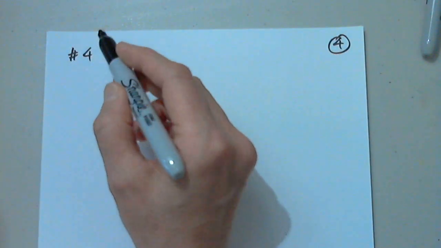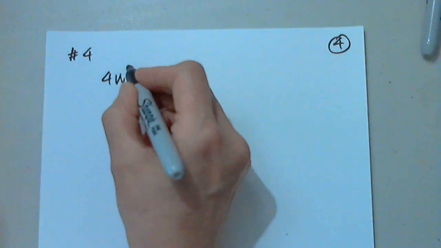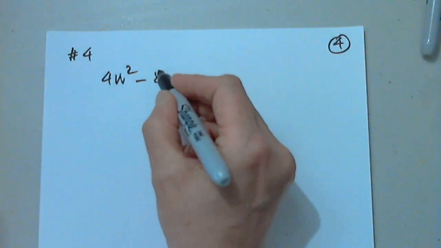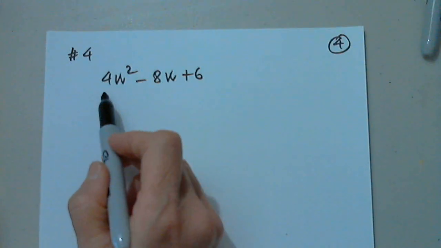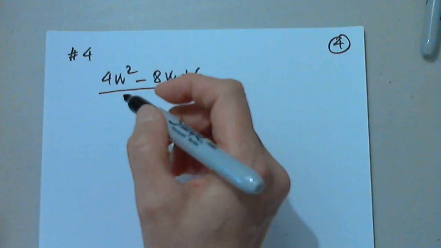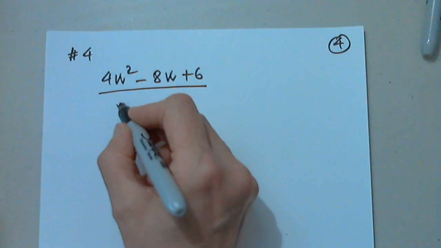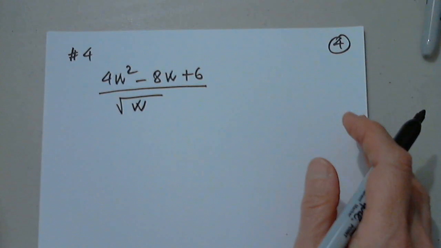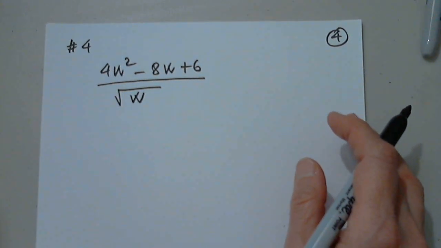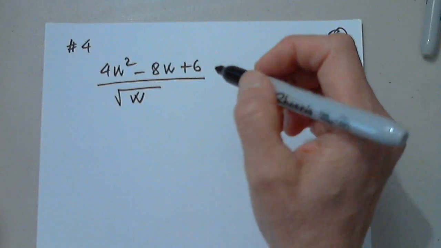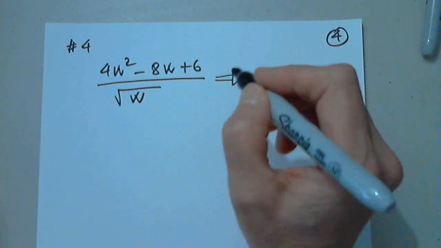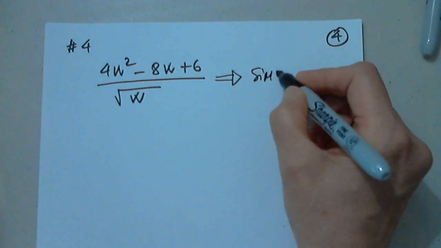So in the numerator is 4w squared minus 8w plus 6. And then in the denominator is square root w. That's it? Yep. So the only hint that I can give here is to simplify the function first.